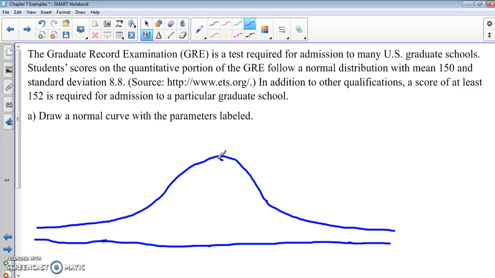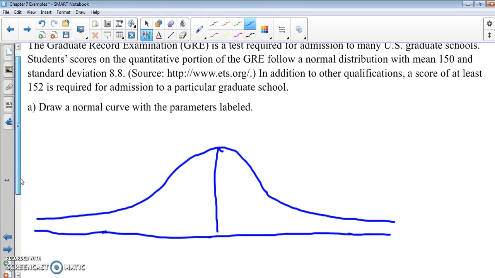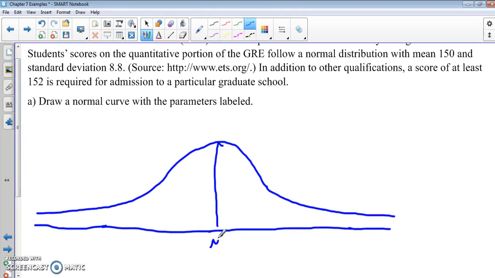So we have our mean in the middle, and then 1, 2, 3, and then 1, 2, 3. So the mean plus the standard deviation, the mean plus 2, and the mean plus 3. So our mean is 150.